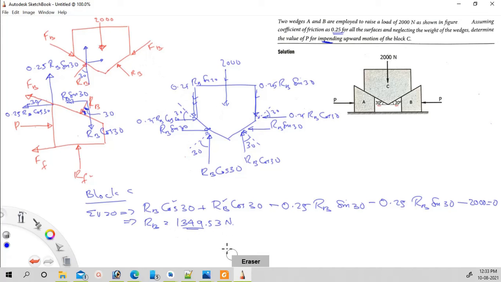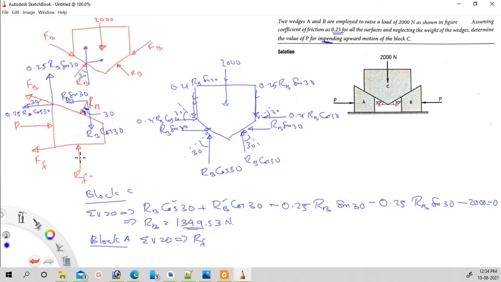Now consider block A, that is the left wedge. Now consider sigma V is equal to 0. Which are the forces acting in the vertical direction? RF, is it not? RF, that is the reaction from the floor.